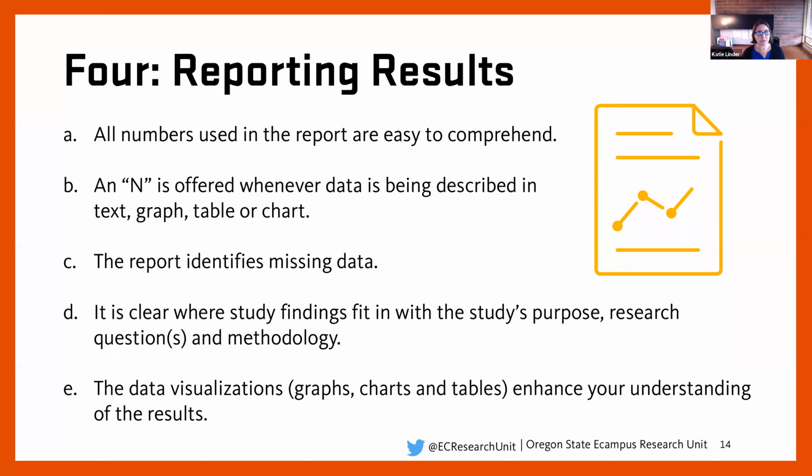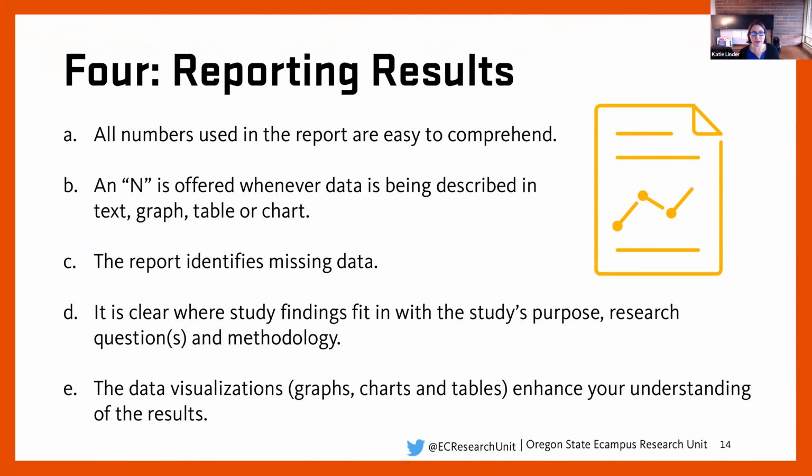And those N's should be described in text, in graphs, in tables, and charts, so that we can assess how many people we are talking about here. And in some cases, you might note that we use the smaller or lowercase n to refer to subgroups.